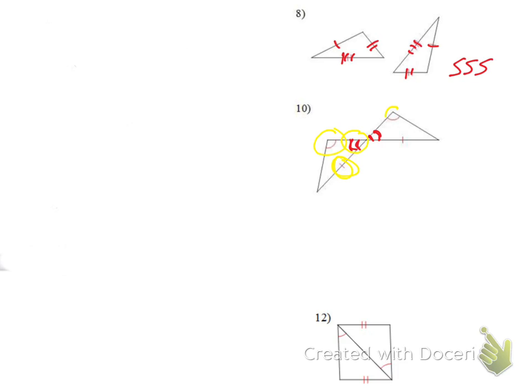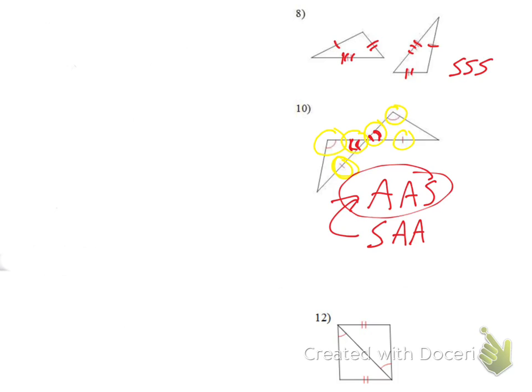And the same thing, I have an angle, angle, side. This would be an angle, angle, side. If you wrote it as side, angle, angle, it wouldn't necessarily take off, but just know that it's supposed to be this one. All right, 12.